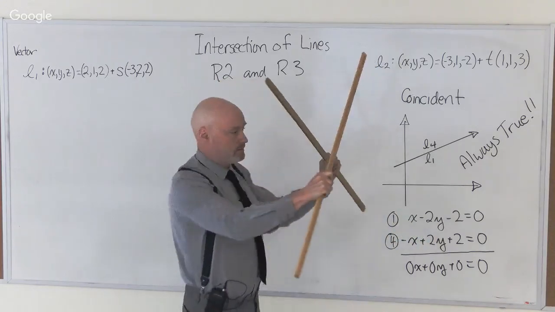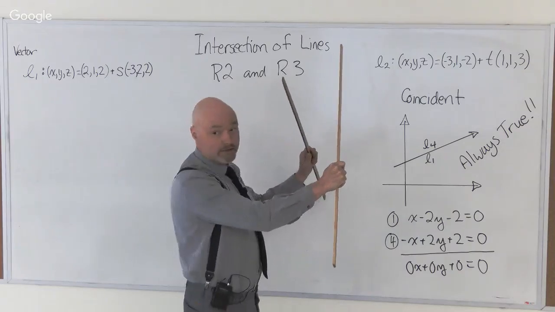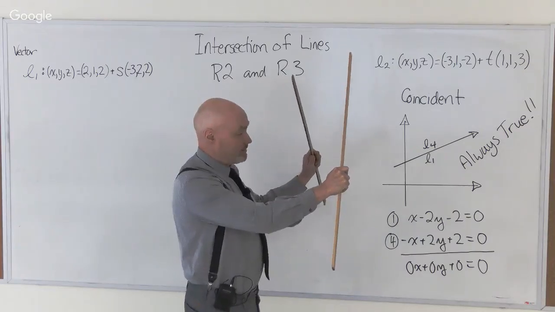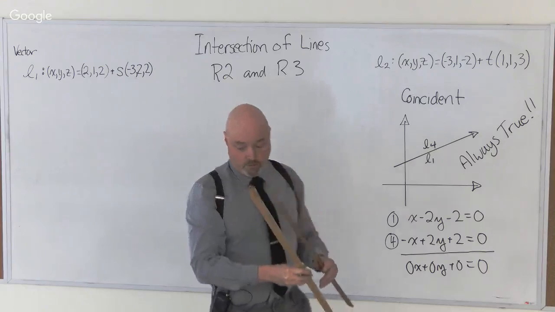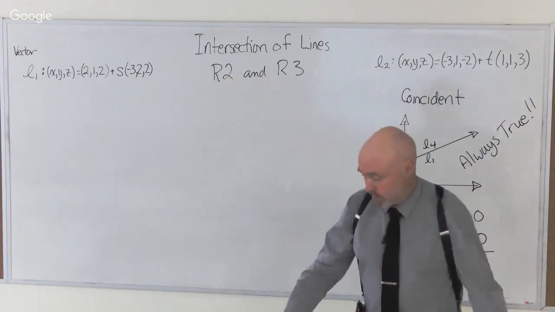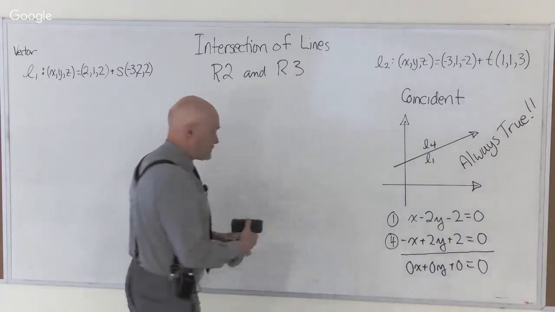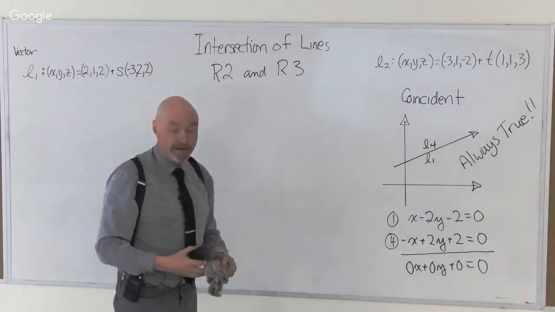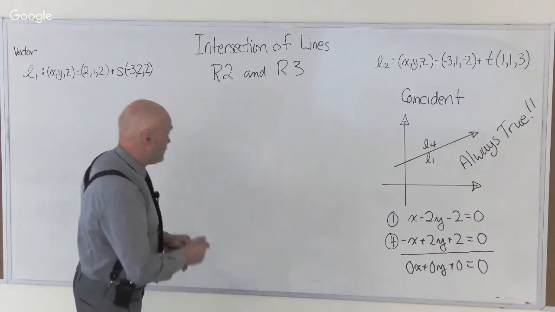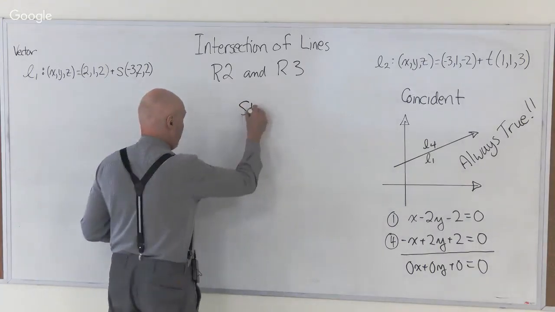But if we rotate the whole thing, we can see actually they do not intersect. This makes them what's known as skew lines. Okay, they're not parallel, coincident. They do not intersect, so they're skew. So that's our third example. So we can get skew lines.